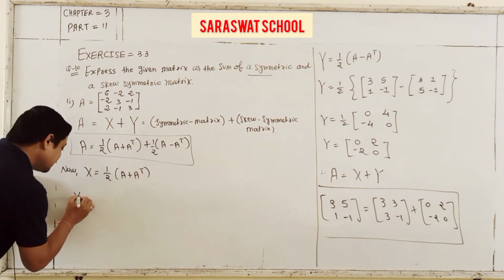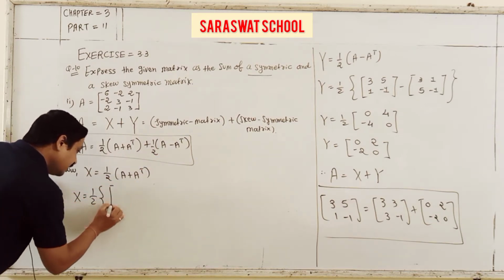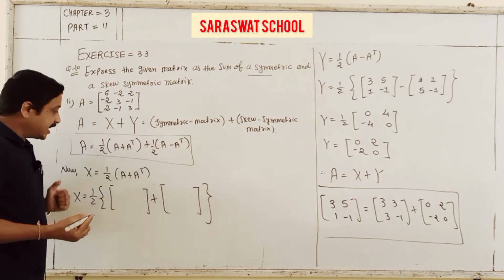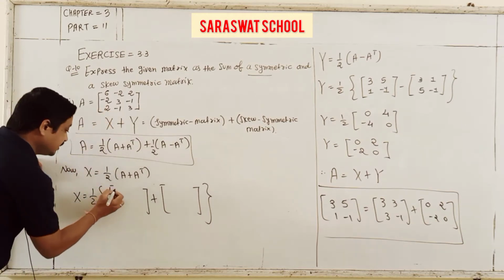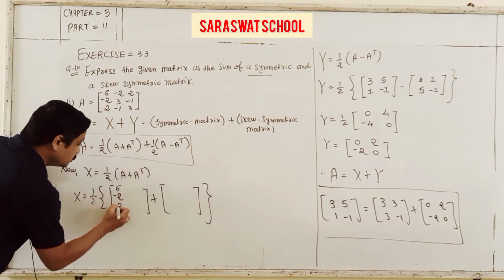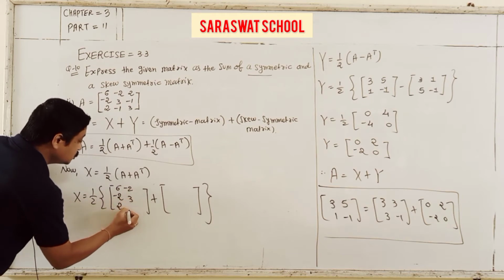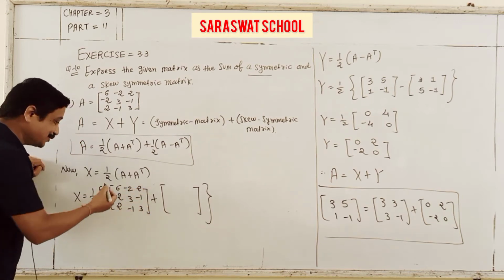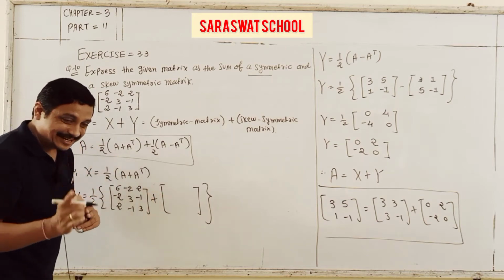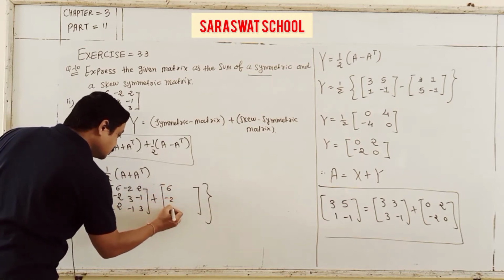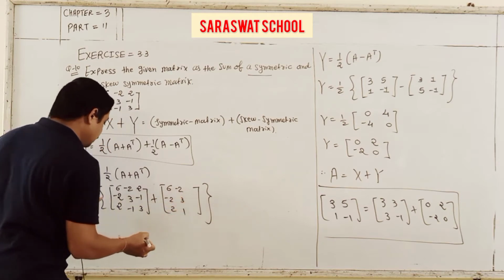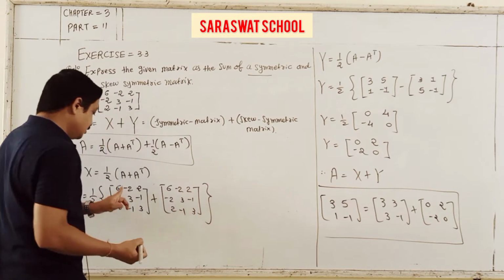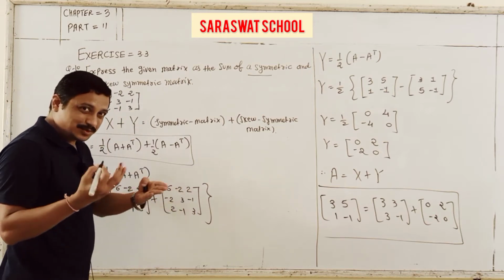Now X, just write down the solution part. A matrix plus its transpose matrix. A is clearly known: 6, minus 2, 2, minus 2, 3, minus 1, and 2, minus 1, 3, and go to the transpose. Row elements we will write in columns. So 6, minus 2, 2, minus 2, 3, minus 1, and 2, minus 1, 3, both added.